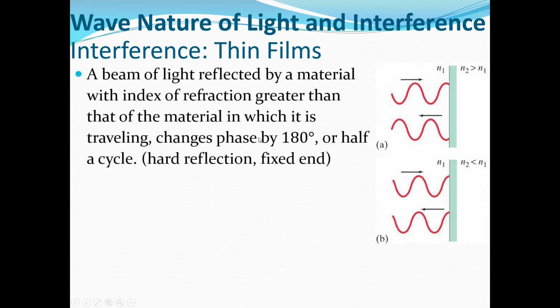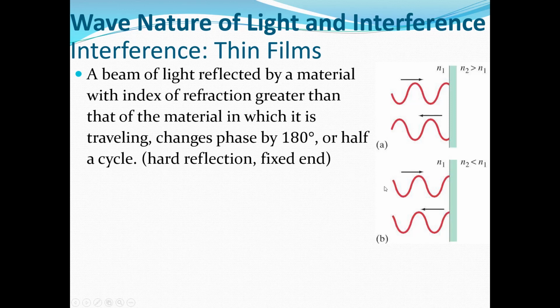One thing to remember from before was this idea of hard and soft reflections. So when a wave comes in and it strikes a boundary that has a higher index than it was before, which is another way of saying it's a slower material, then when it bounces back, it's going to be half phase shifted from before.